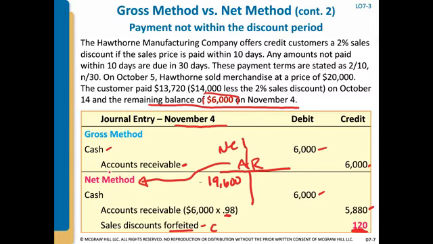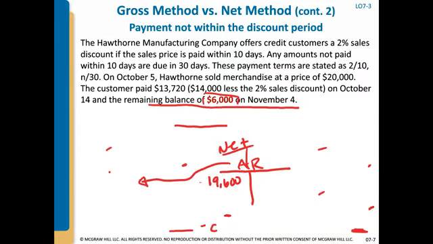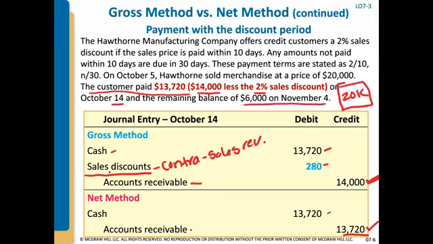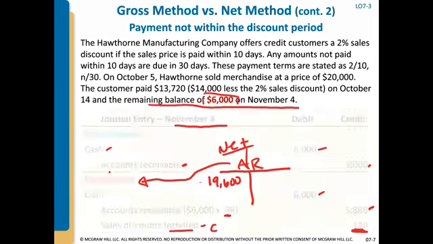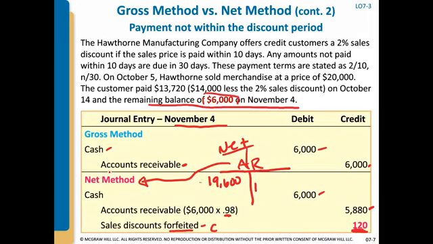In the previous slide, when they paid a portion of it early and took advantage of that discount, we credited accounts receivable 13,720.